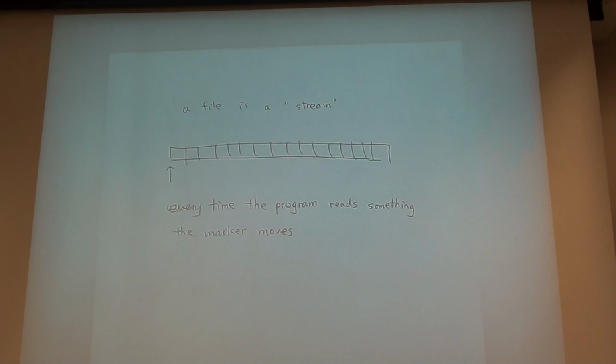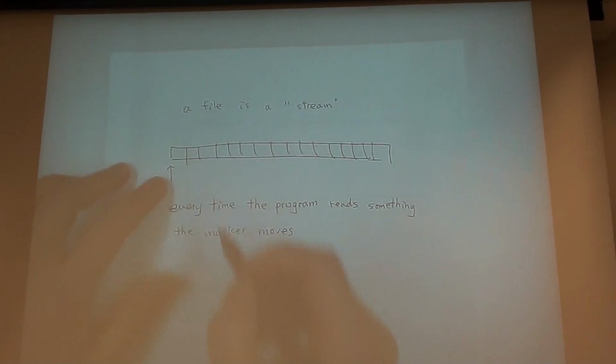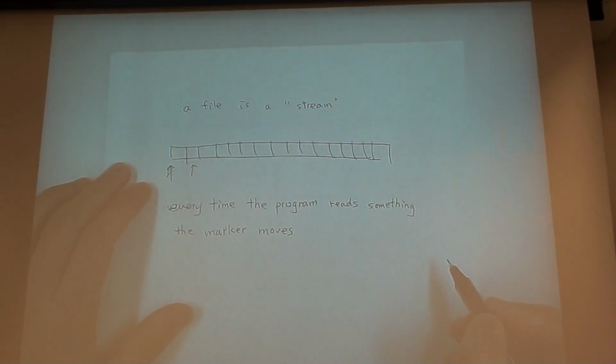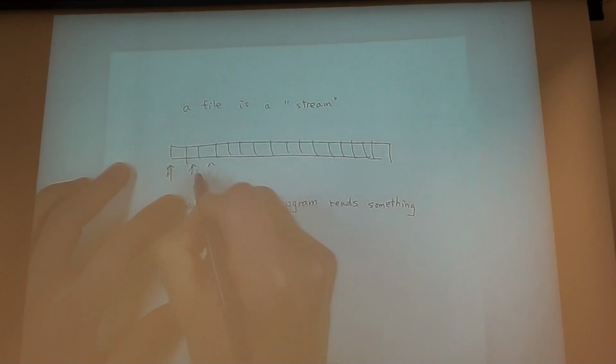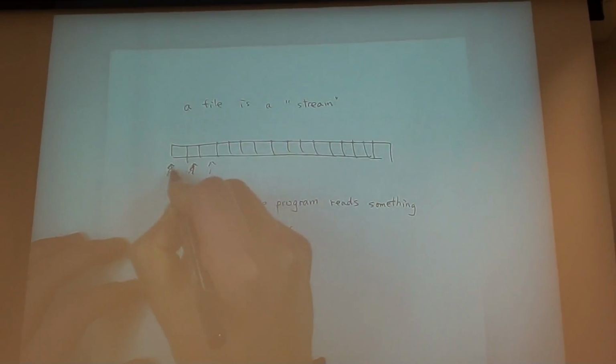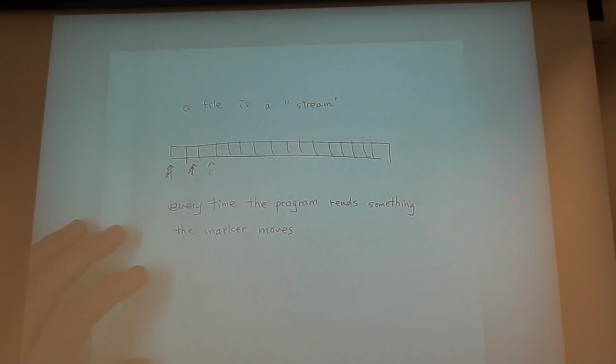You just keep moving. Every time you read something, the marker moves to the next. You may go back, but only if your program explicitly says, I want to go back. Usually you don't. You just keep moving forward.